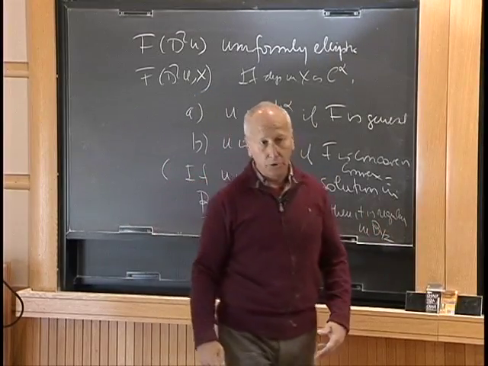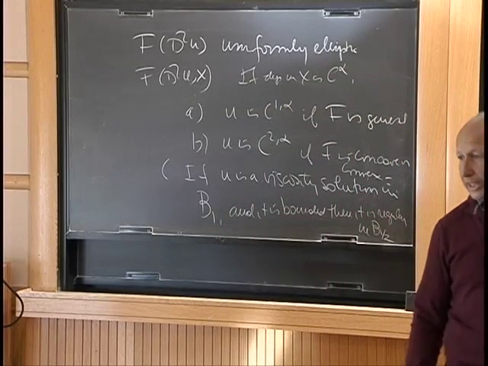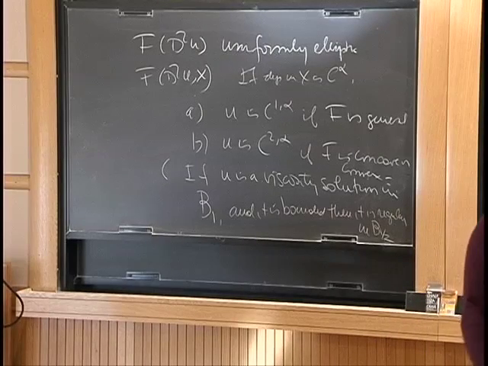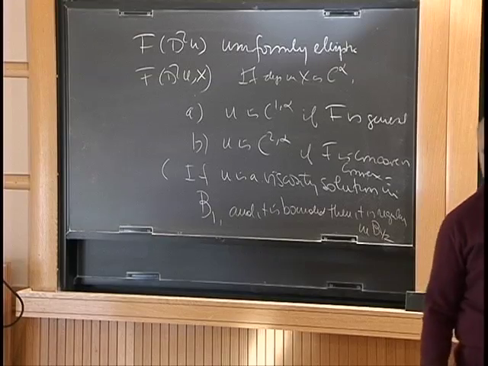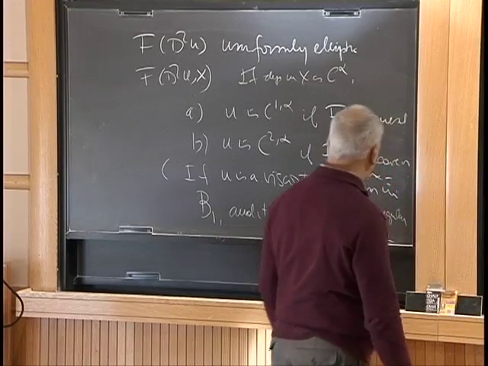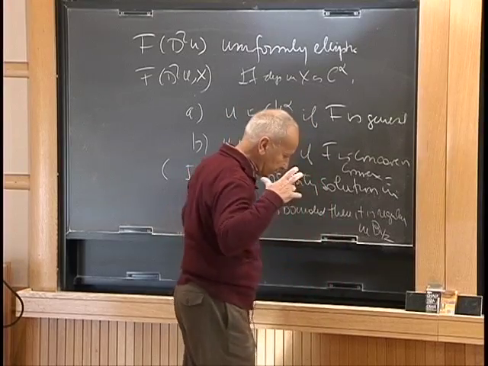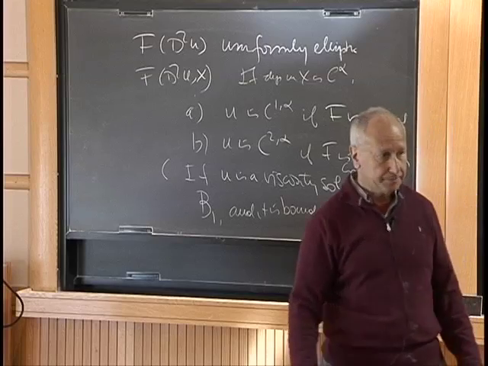Okay. So you can construct your solutions by the Perron method, by whatever. You get a weak viscosity solution, a continuous function that is a viscosity solution in the sense that you can compare with polynomials. Okay. And then you get that. As soon as you go inside the ball of radius 1, it becomes regular.